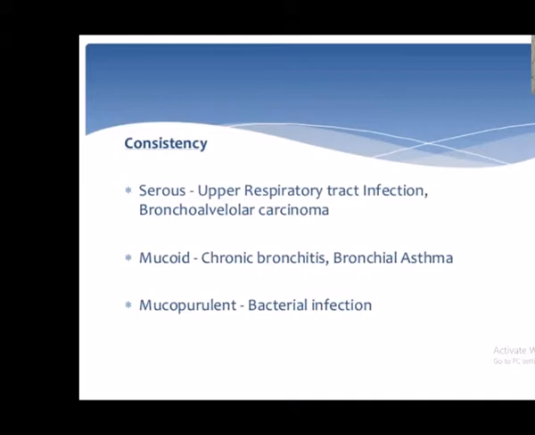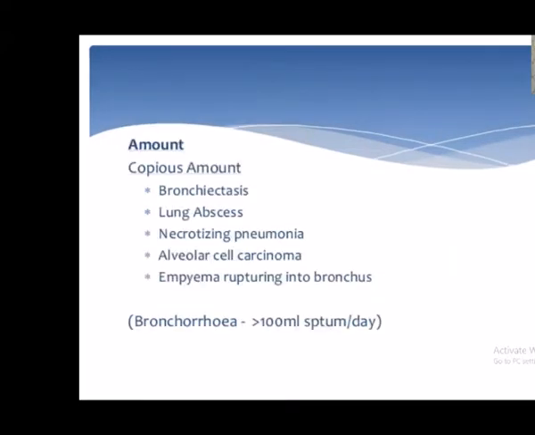But again, this can produce a very large, copious amount of white sputum, like your own saliva. Similarly, it can be mucoid in chronic bronchitis and bronchial asthma, and mucopurulent in bacterial infections.